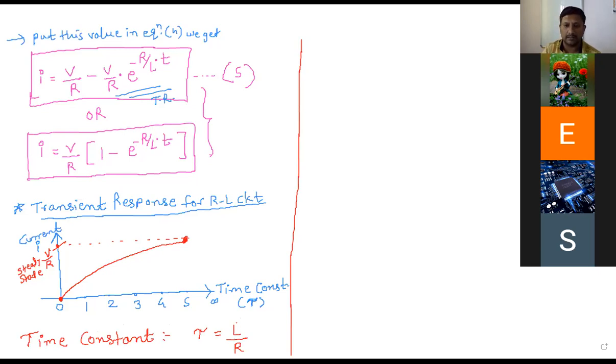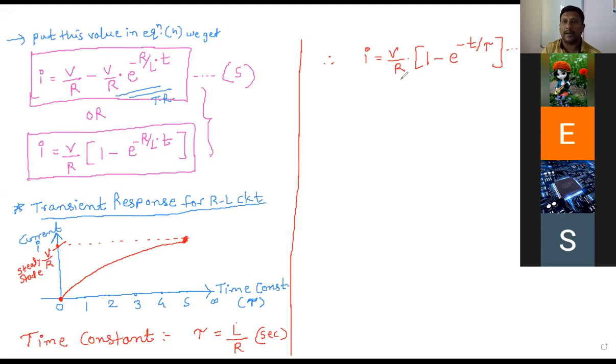It is the second. Time constant unit second मध्ये. So if I replace L by R by tau, what will be my equation? I is equal to V by R into 1 minus e raised to minus t divided by tau. This is my equation number 6.